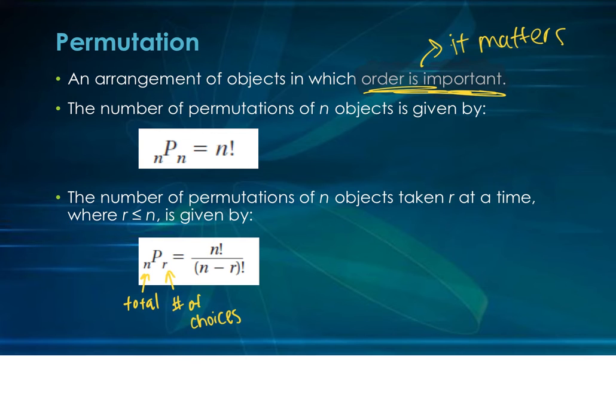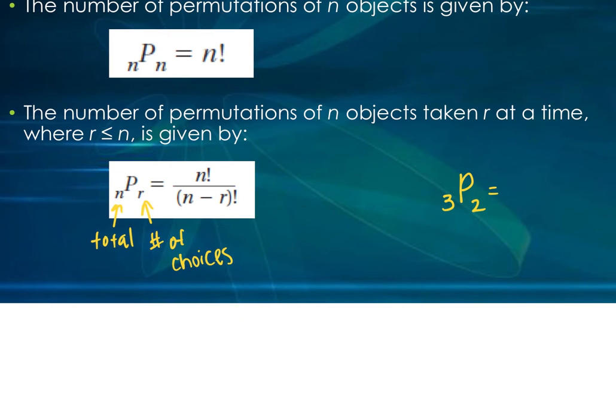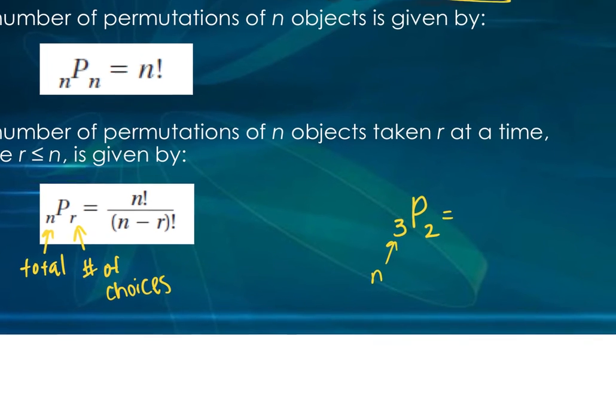Okay, let's do one really quick example. Let's say we had 3P2. So right now we're saying that we have 3 total choices with a permutation. We're only picking 2 of them, okay? So we would say that this is equal to, remember, this was our n value. So we're going to take the n value and write it as a factorial.